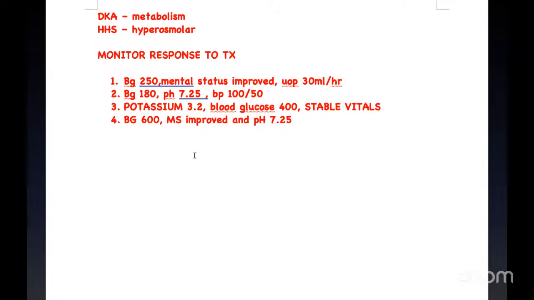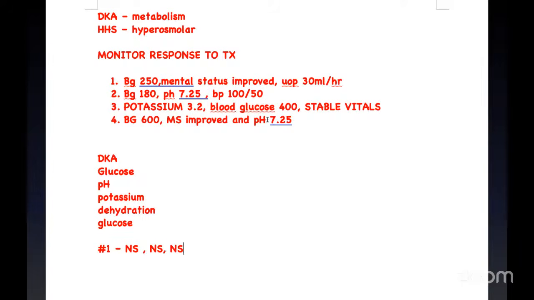In DKA, like I told you, we have to worry about the glucose, the pH, the potassium, and the dehydration. So what are you going to do? Number one, don't forget: give them fluid, normal saline, normal saline, normal saline.